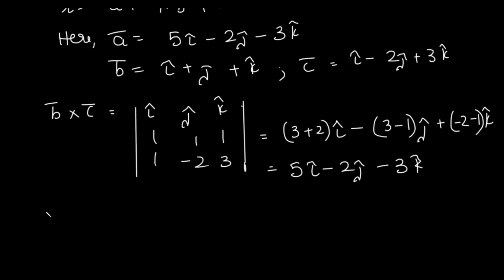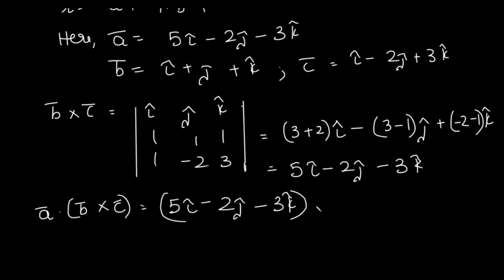Now we also require a dot b cross c. For writing the equation of the plane, we can write a dot b cross c, which is a, that is this vector 5i − 2j − 3k, dot, again the same vector comes here, 5i − 2j − 3k.